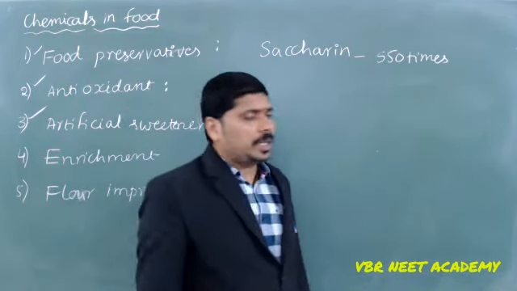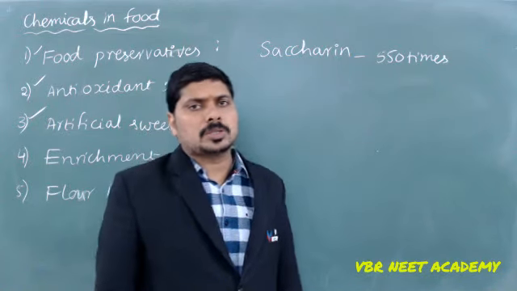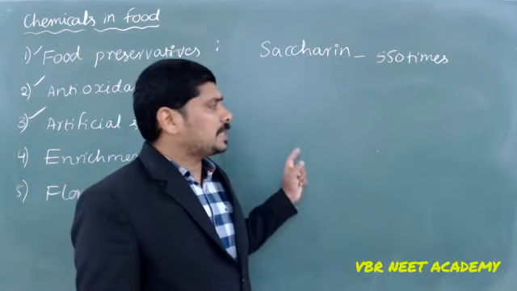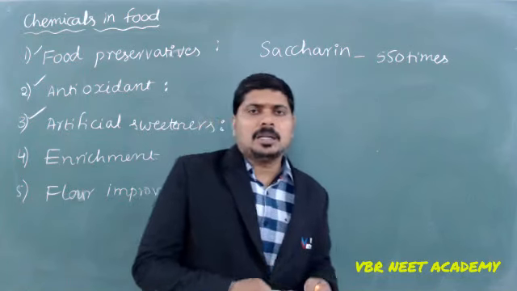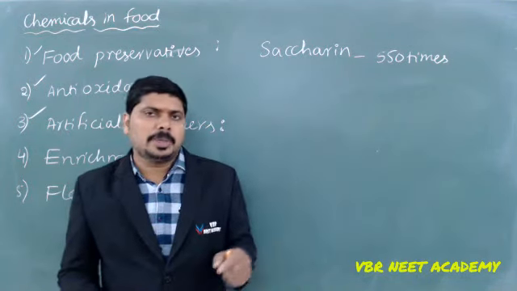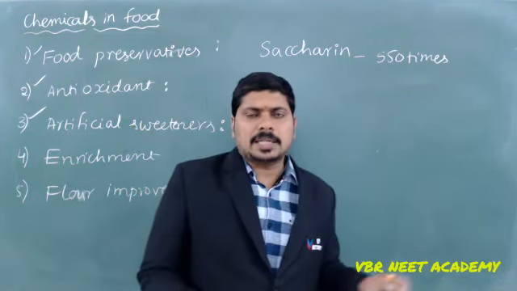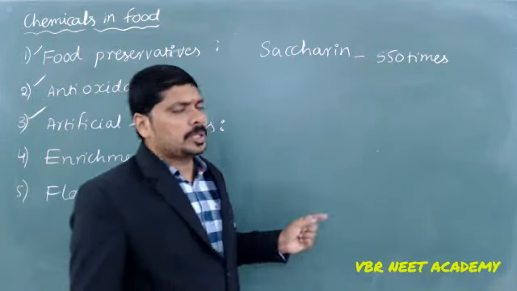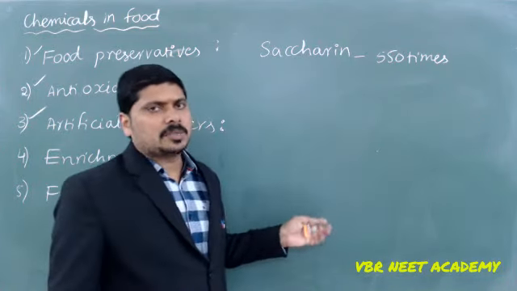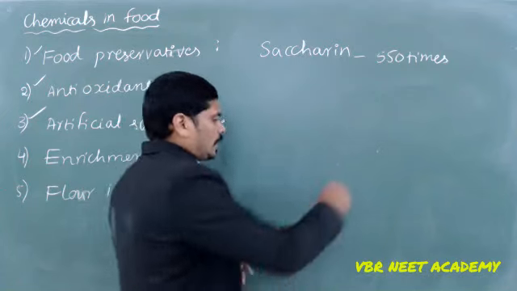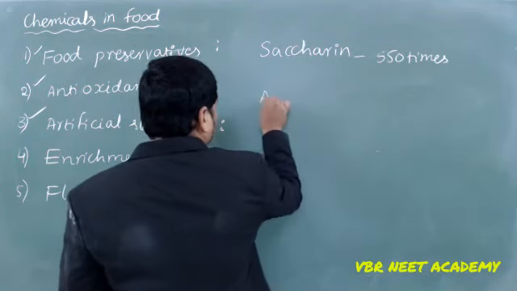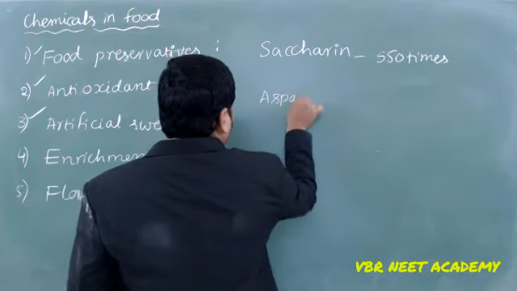So it is a good alternative for sucrose. It is present as a non-metabolite, that is, it is not degraded. So it is an alternative for sucrose, which can be used for the food or sweets you make. And the next one we have is aspartame.